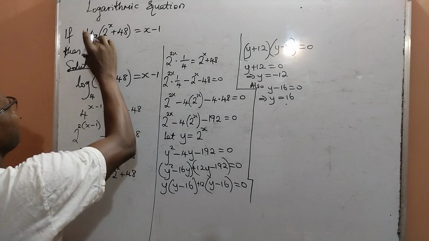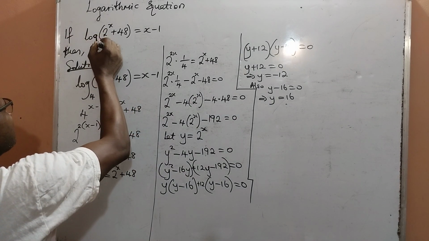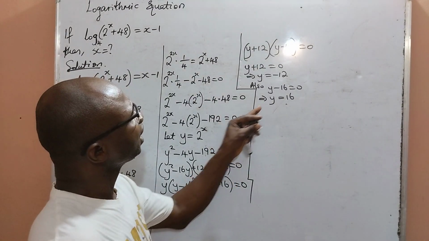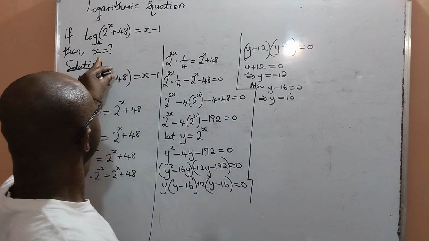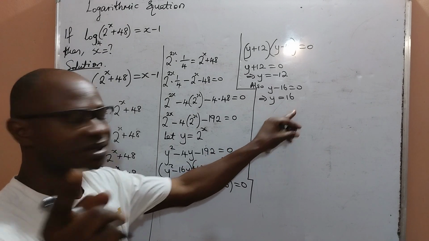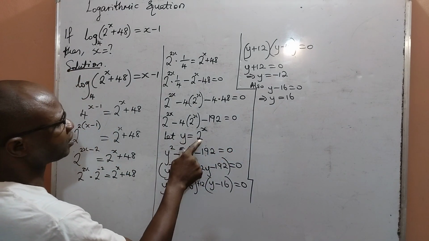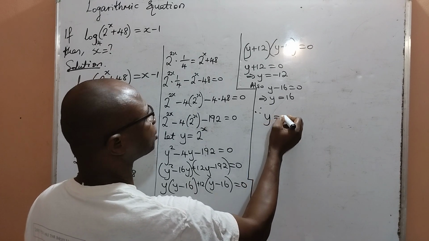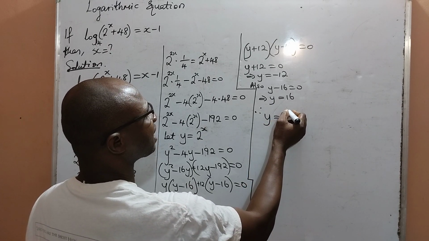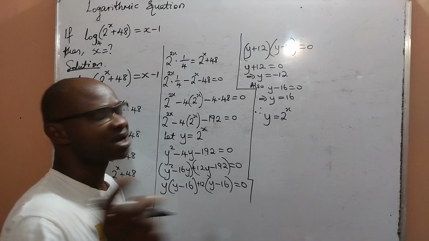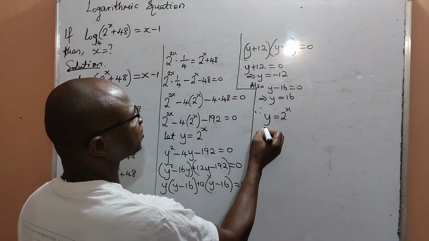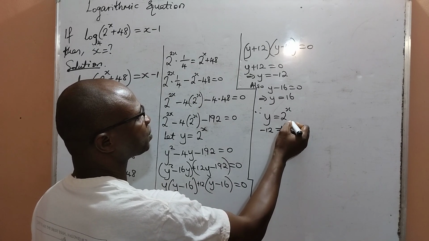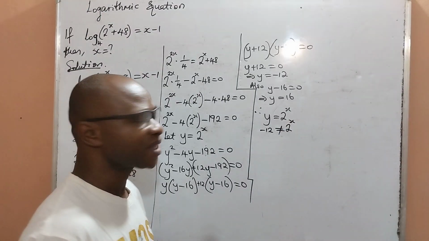This is the logarithm to base 4, not x to the power 4. Beautiful. Now, you see, I am looking for x, not for y. But here I said let y be equal to this. Therefore, remember that y is equal to 2 raised to power x. Therefore, when y is equal to negative 12, it cannot be equal to 2 raised to power x.